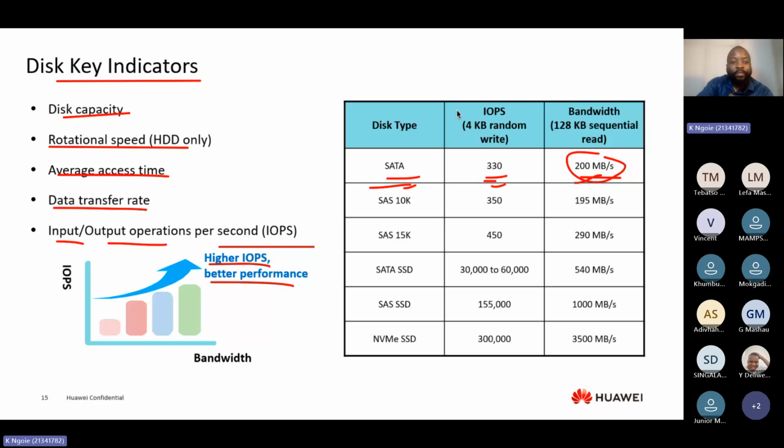You need about 8 bits to make 1 byte. So when you say your internet has a speed of 200, whatever, the unit is not megabyte, it is megabit per second. So you need to note that.